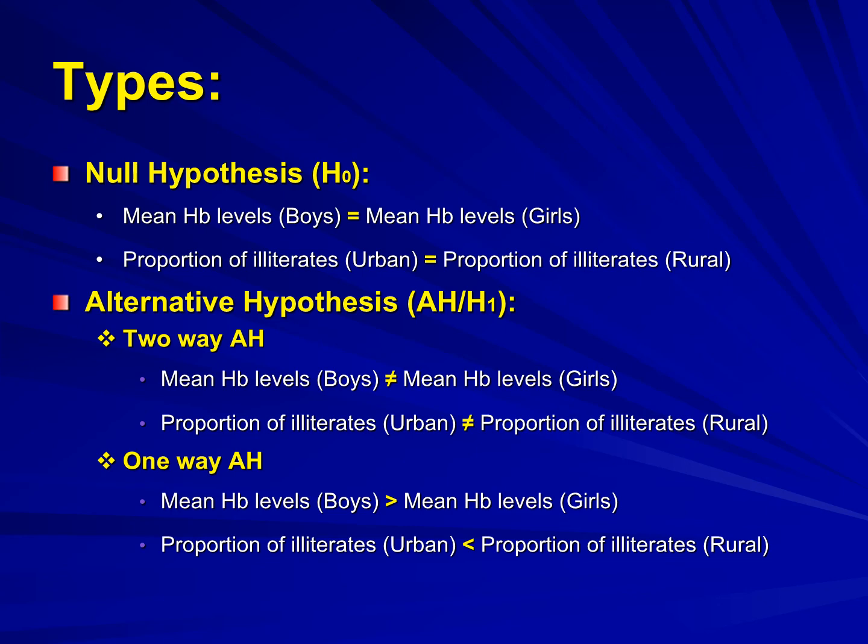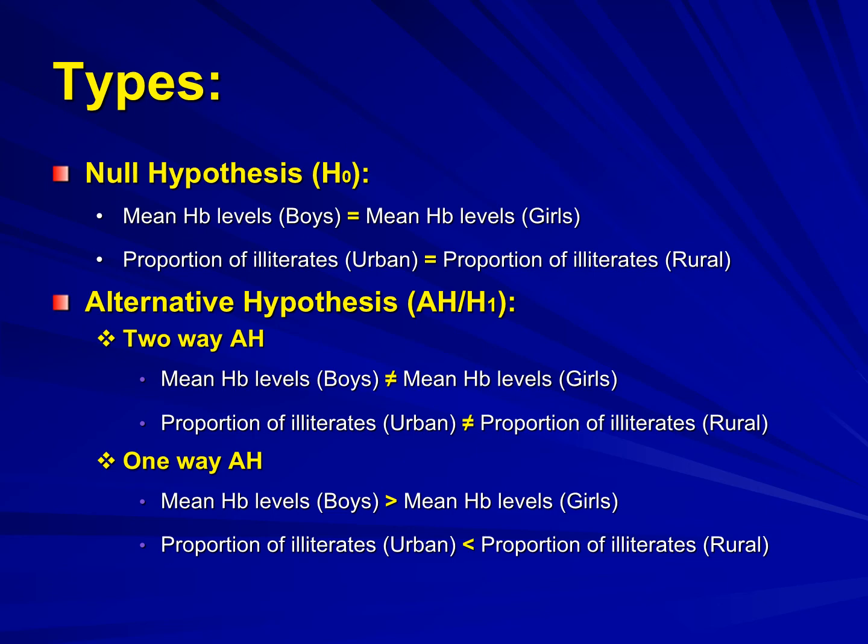So the mean hemoglobin level of boys is equal to the mean hemoglobin level of girls, and in that case your alternative hypothesis or research hypothesis may be that the mean hemoglobin level of boys is greater than the mean hemoglobin level of girls. In that case this particular hypothesis is a one-way hypothesis. Okay, this is a one-way research hypothesis or one-way alternative hypothesis.